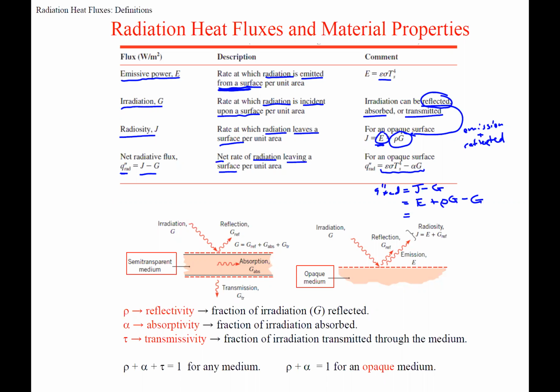And if we pull the G out, we would have rho minus 1, or reflectivity minus 1, I should say, times G, right?